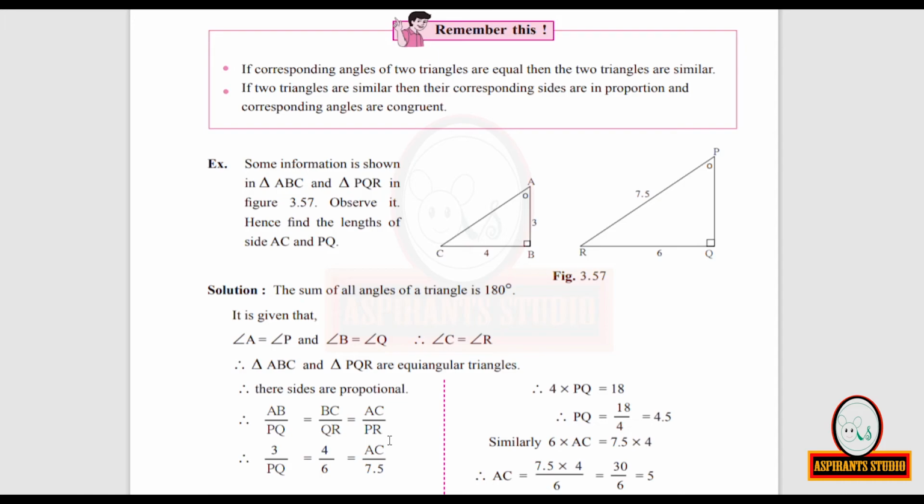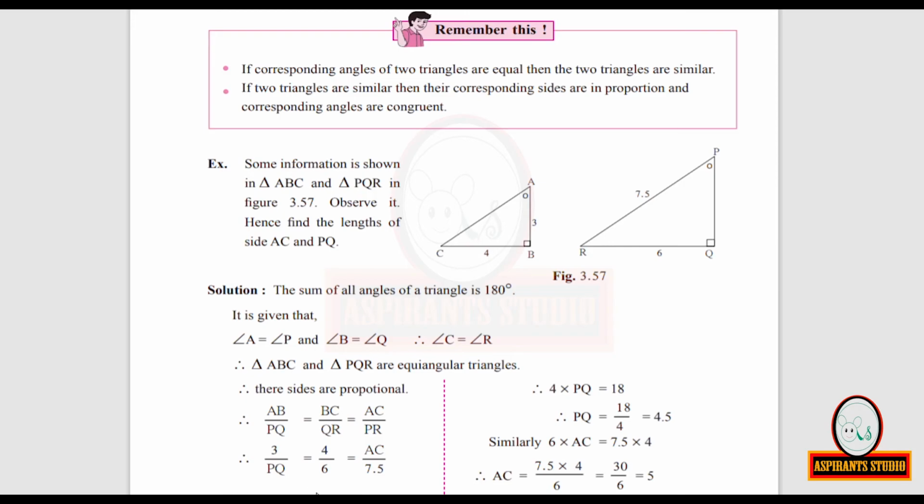AB upon PQ is equal to BC upon QR is equal to AC upon PR. So you get 3 upon PQ is equal to 4 upon 6 is equal to AC upon 7.5.